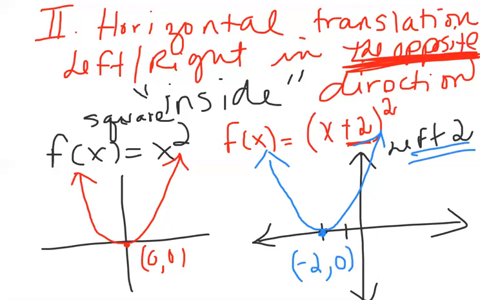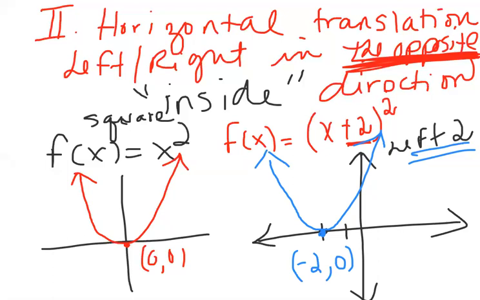I know some of you are probably saying, well, why is it a negative? Why is it not a positive? Because I'm seeing a +2 inside the parentheses. Here's why, guys. You're on the x-axis. Everything on the x-axis has a y component of 0. So if I take this -2 and plug it back into the function, it has to give me a corresponding value of 0.